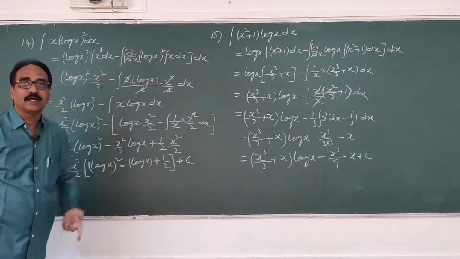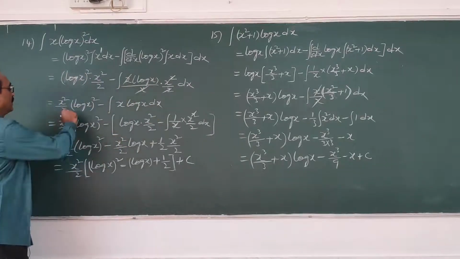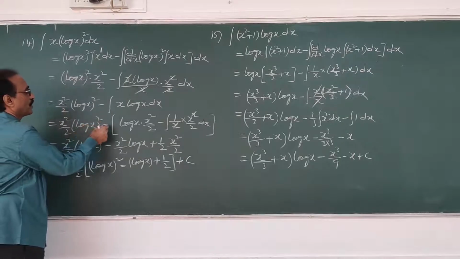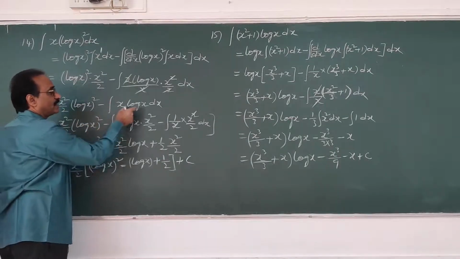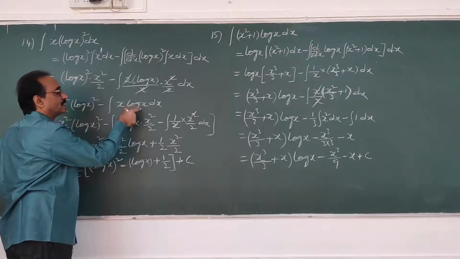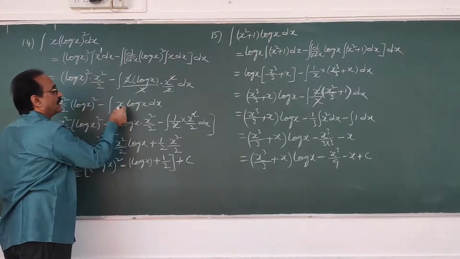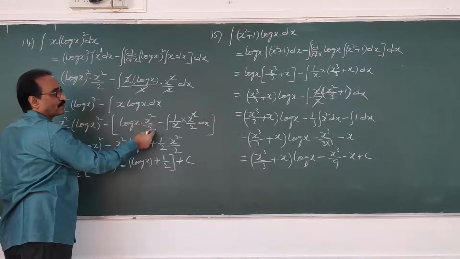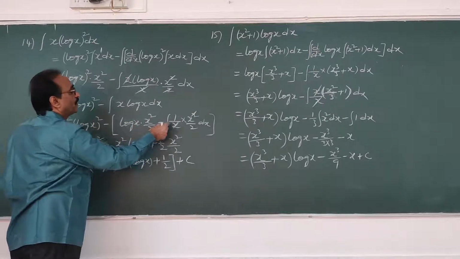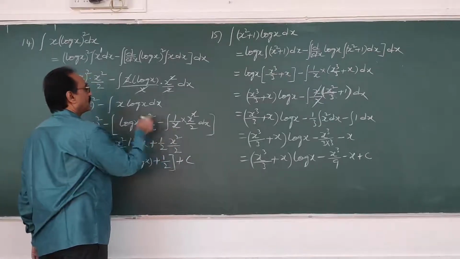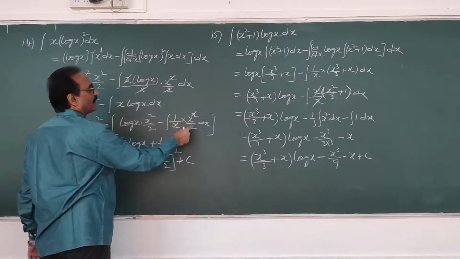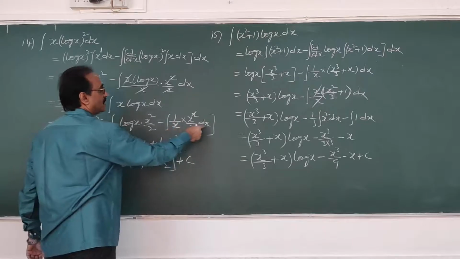Again you should go for by parts. So therefore x square by 2 (log x) whole square minus integral. Now for this integral, by parts means the first function is log x, and the integral of x I write directly as x square by 2. So integral minus integral of the derivative of log x, 1 by x, into the integral, x square by 2, here x square, one x cancels, dx.